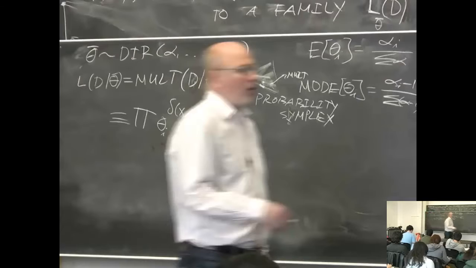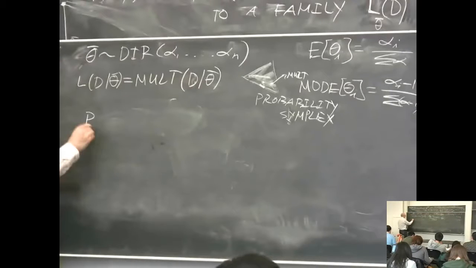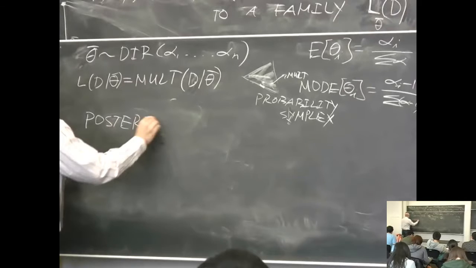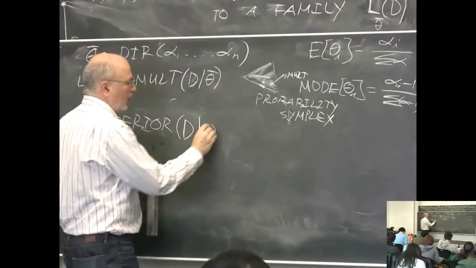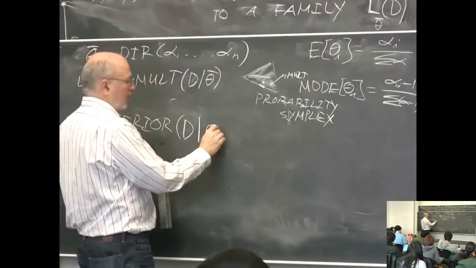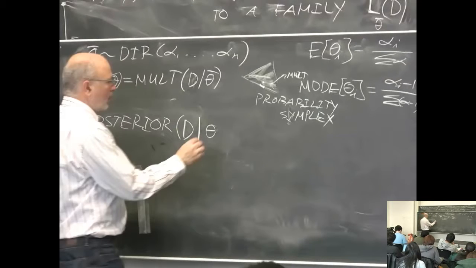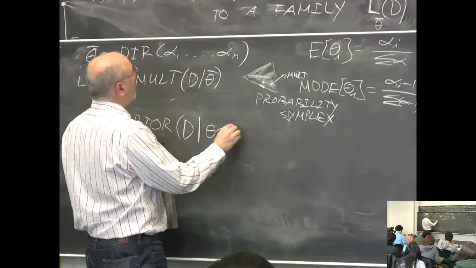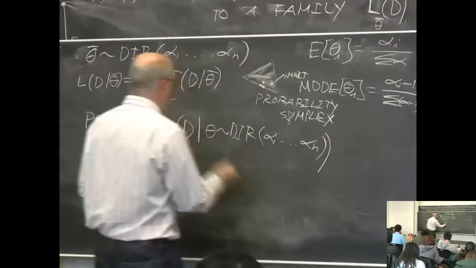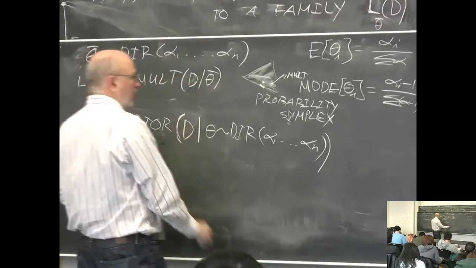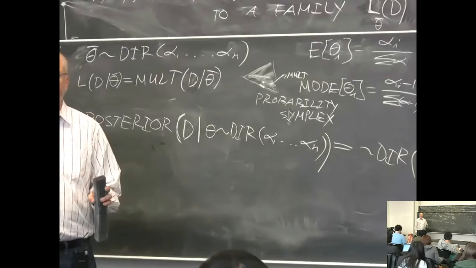So now, since I know that Dirichlet is the conjugate of the multinomial, I know that the posterior given some data, conditioned on theta coming from the Dirichlet with alpha 1 through alpha n, would also be a Dirichlet, and I know in advance what the parameters of this Dirichlet are.